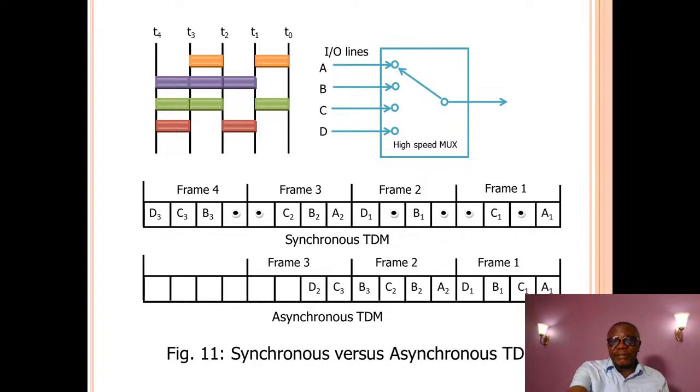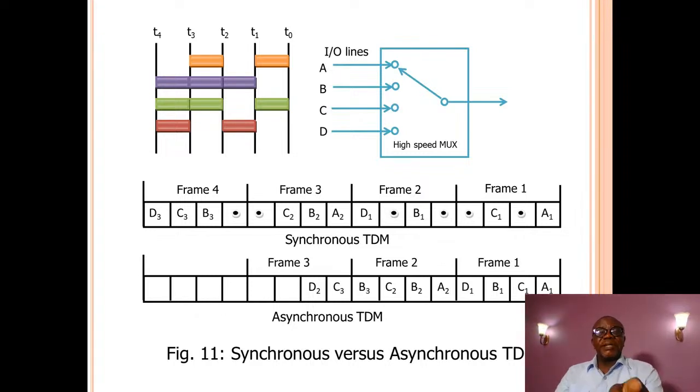If you look at the block below, you see frame 1, 2, 3, 4. If you look at frame 1, when it samples the A terminal, it sees that brownish data from T0 to T1. It labels it A1 in frame 1.